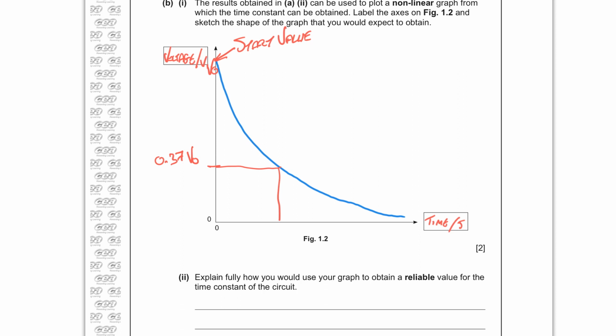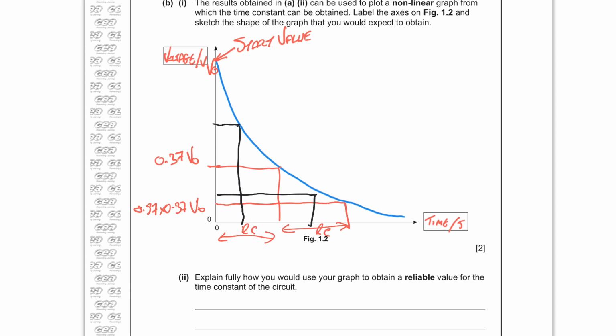And then we can take any other value, and look to see how long it takes to get to 0.37 of that at another stage. Another option people sometimes forget is you can take some other arbitrary value and see how long it takes to get to 37% of that, which should also be a time constant.